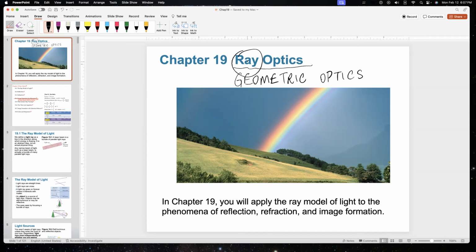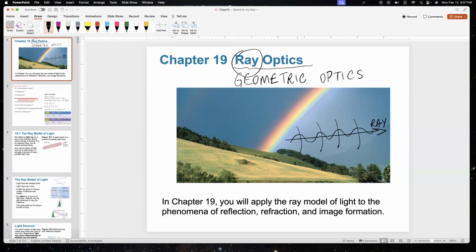Now, in geometric optics, we're going to imagine that instead of light being a wave, we're going to connect all these waves. So say here we have a wave, or lots of wave fronts like this, and we're going to connect them all with a ray. We're going to call this a ray of light. So what is this ray of light? It is basically the connection of all the wave fronts, okay?